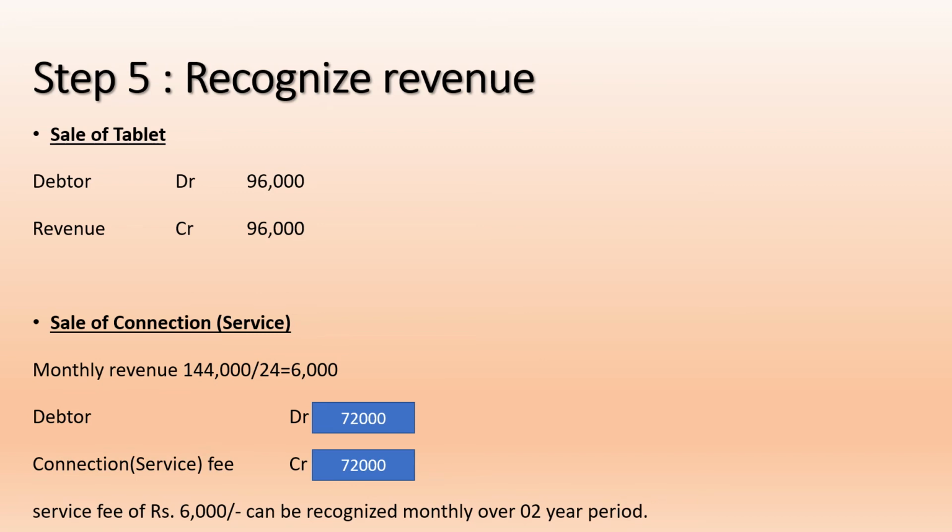So this will be the revenue from the first year. When we record for the next year, we have to do the same double entry, which means we debit the debtor by 72,000 and credit the service fee by 72,000 in the second year as well.